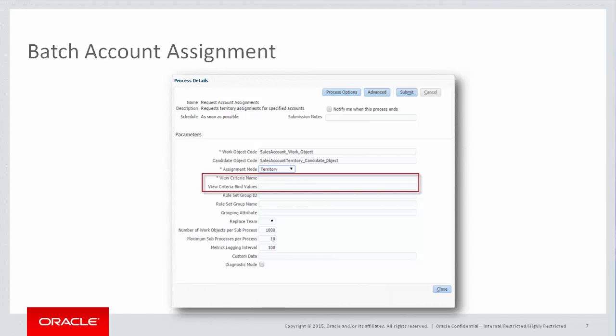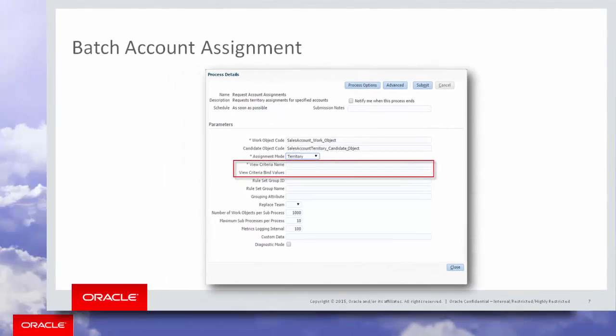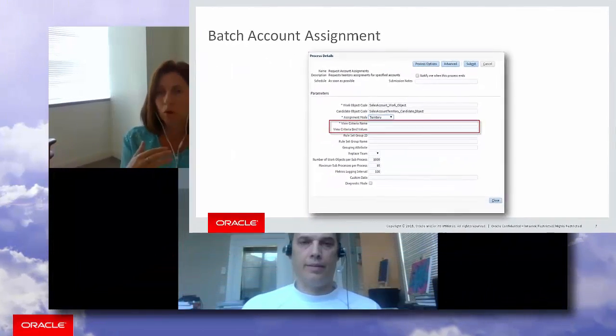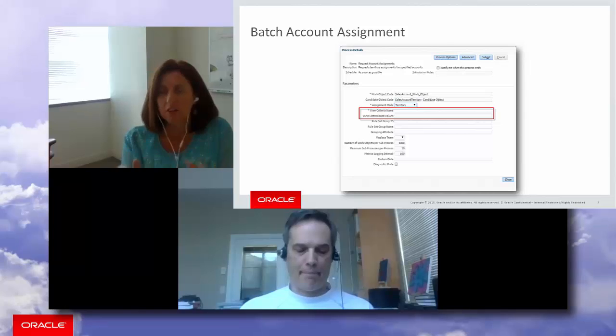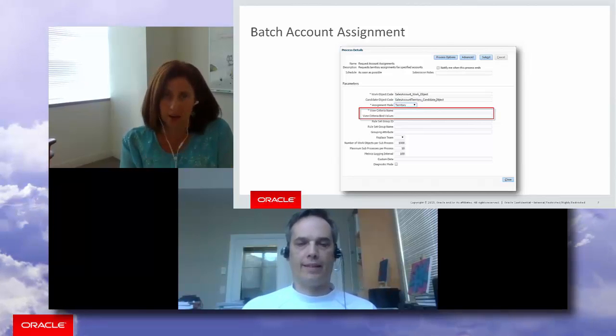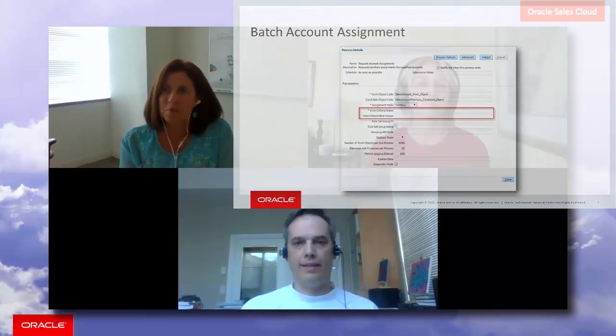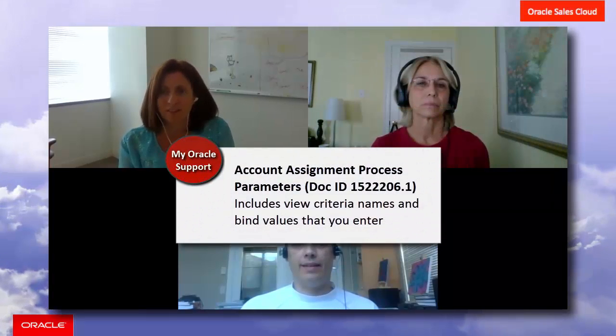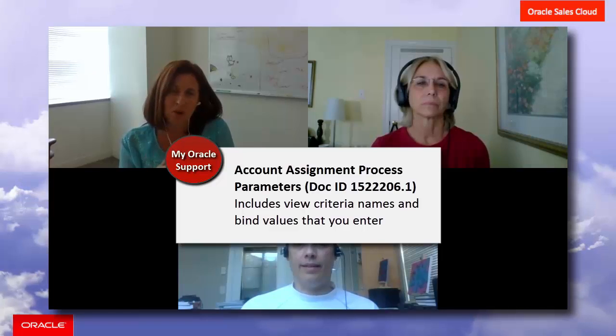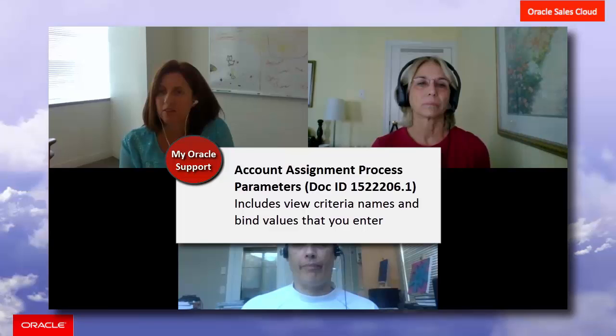It could be all accounts, it could be all accounts that have been updated within a specific date range, and all accounts that are currently unassigned. There's a number of criteria. For some implementations, it's good enough, but I think that's where people start coming up with a slightly more creative solution.